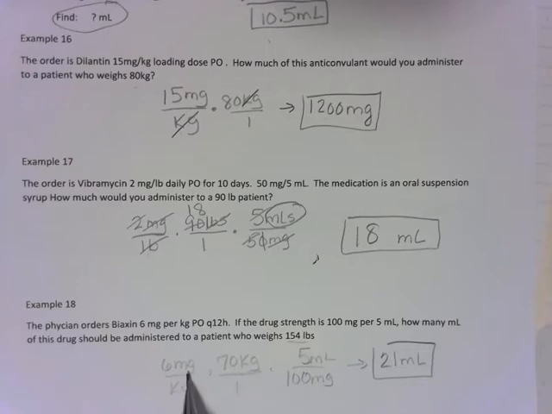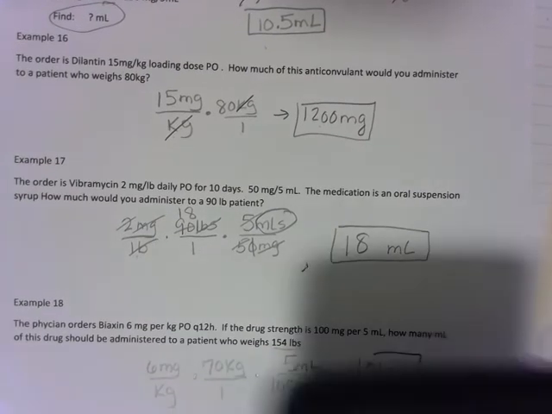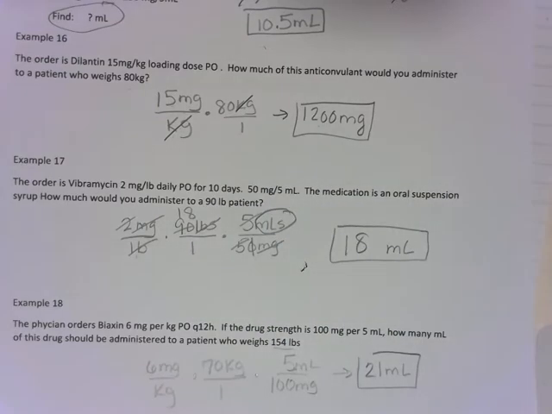Here we have 6 milligrams per kilogram. The patient weighs 154 pounds. 154 pounds divided by 2.2 is 70 kilograms.